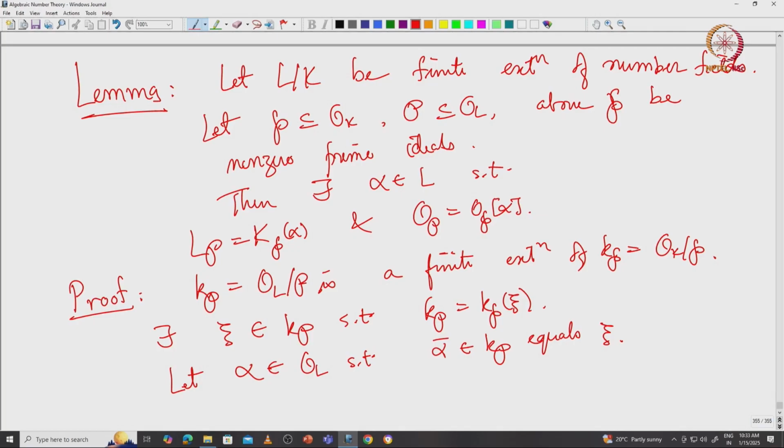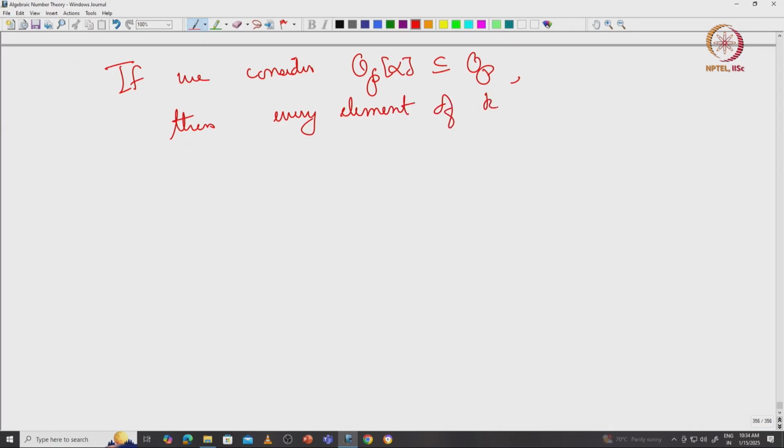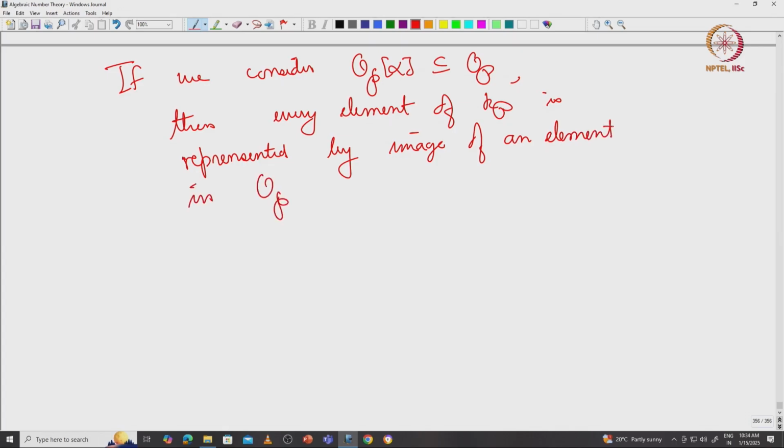Right. Okay. So, if we consider the ring O_p[alpha] inside O_P, then of course every element of K_P is represented by the image of an element in O_p[alpha].